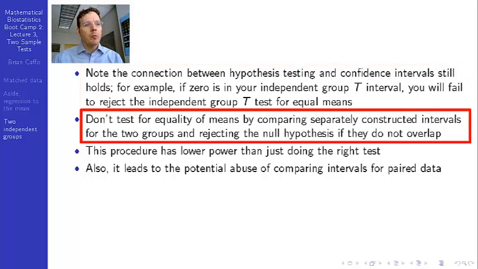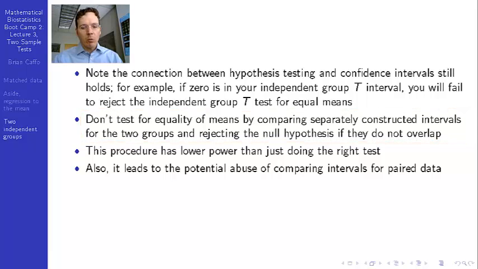Another thing that comes up all the time is people want to test for equality of means by constructing a confidence interval for group 1 and a confidence interval for group 2, and then seeing if those confidence intervals overlap. And that procedure works in one sense: if the confidence intervals don't overlap and you reject, that's an accurate statement.